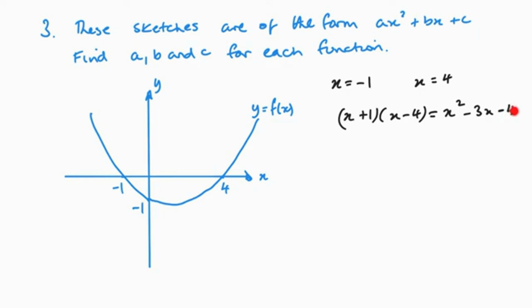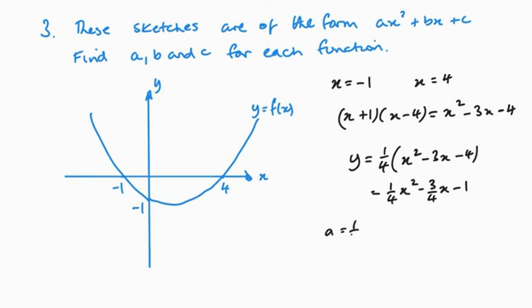Now we can see that this is minus 4, we're clearly across at minus 1. So to get to the minus 1 we need to divide by 4. So we're looking at y equals 1/4 x squared minus 3x minus 4, or y equals 1/4 x squared minus 3/4 x minus 1. So this is my A, my B, and my C.